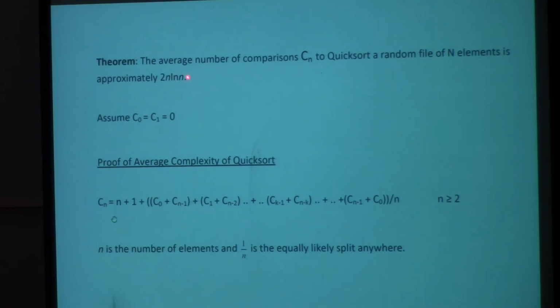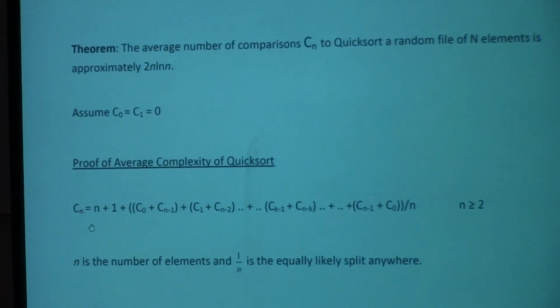Actually, ln of 1,000,000 is less than 20, but we'll just use log base 2 of 1,000,000, which is very nice: it's 20. Log base 10 of 1,000,000 is 6. So this log will vary a little bit depending on the base, but we're going to have 1,000,000 times this, so between 20 million and 6 million.